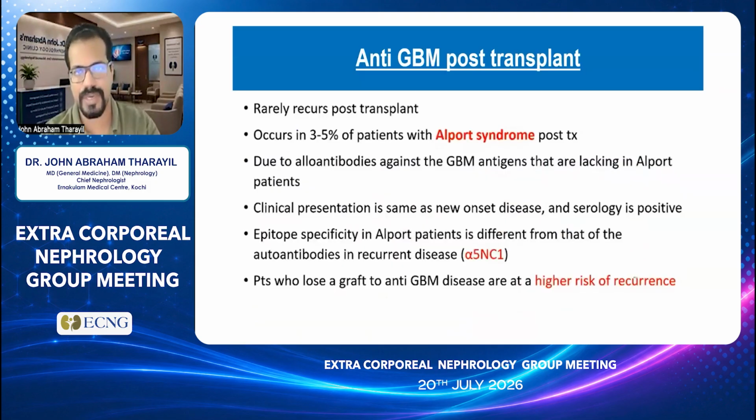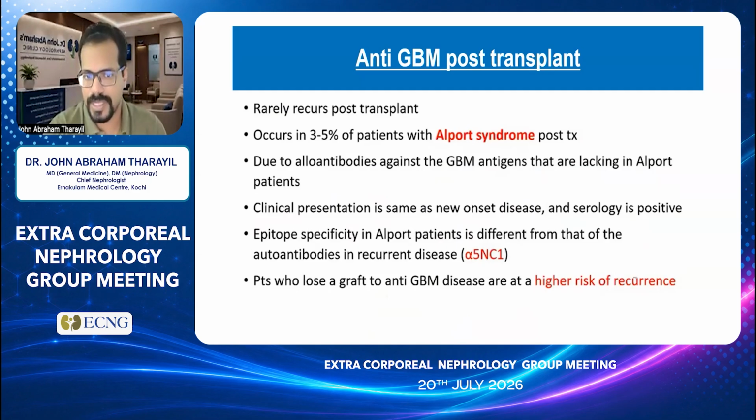So how is anti-GBM in post-transplant? It rarely occurs. It occurs in about 3 to 5% of patients with Alport syndrome post-transplant due to alloantibodies against GBM antigens that are lacking in Alport patients. The clinical presentation is the same as new onset disease and serology is positive.